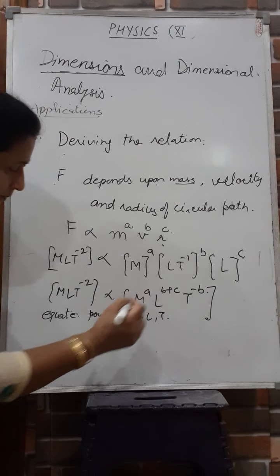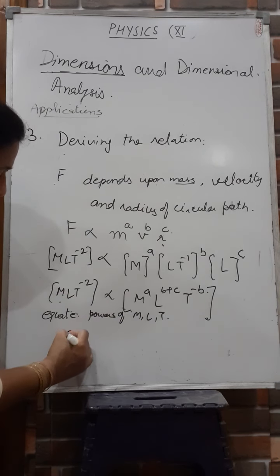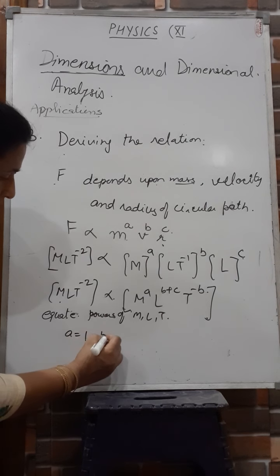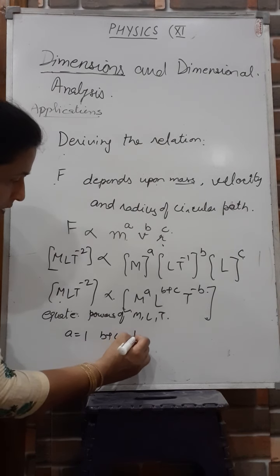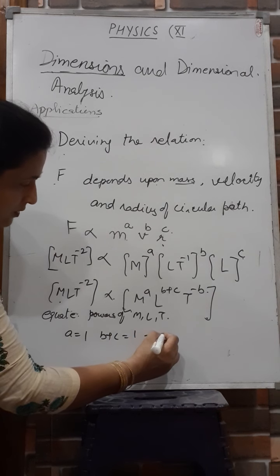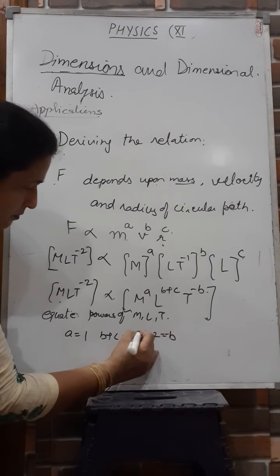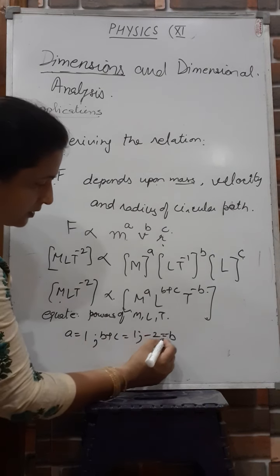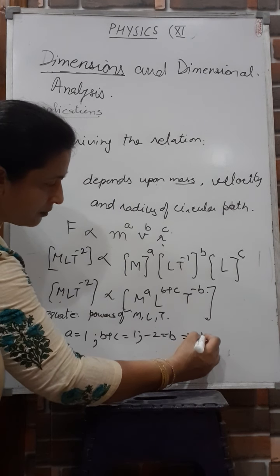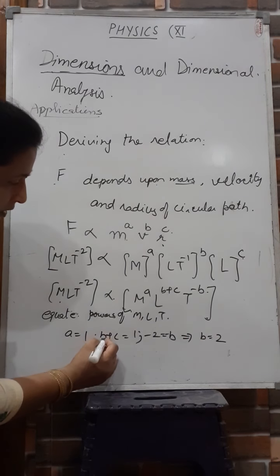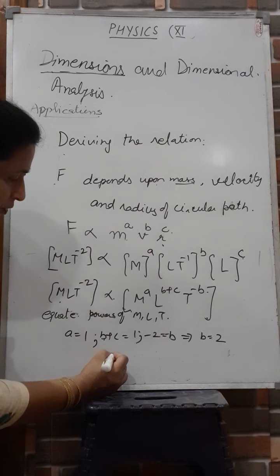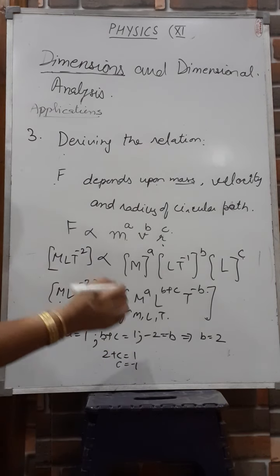on both sides. So we can write A is equal to 1, B plus C is equal to 1, minus 2 is equal to minus B. So when minus 2 is equal to minus B, that means B is equal to 2. Putting the value of B in this relation, 2 plus C is equal to 1, so C will be equal to minus 1.